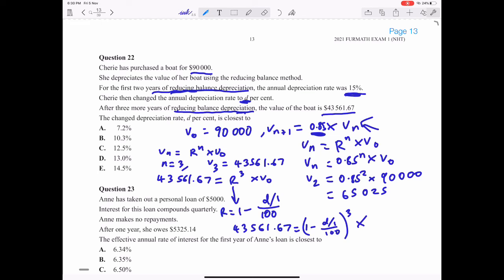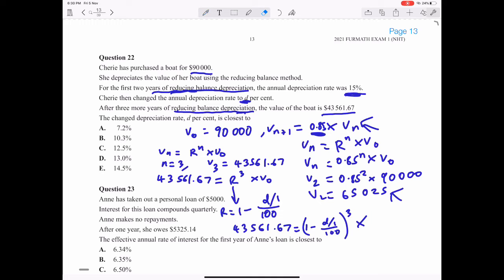We know that V0 is equal to the value of V2, because this equation is basically saying after 3 years from this 2 years over here that we found.